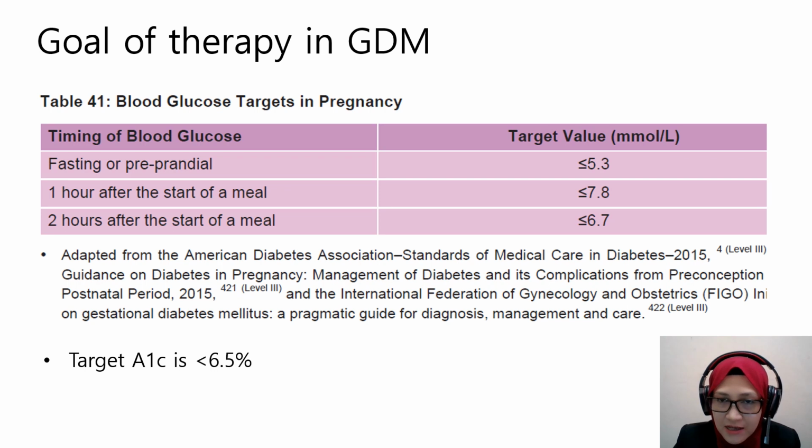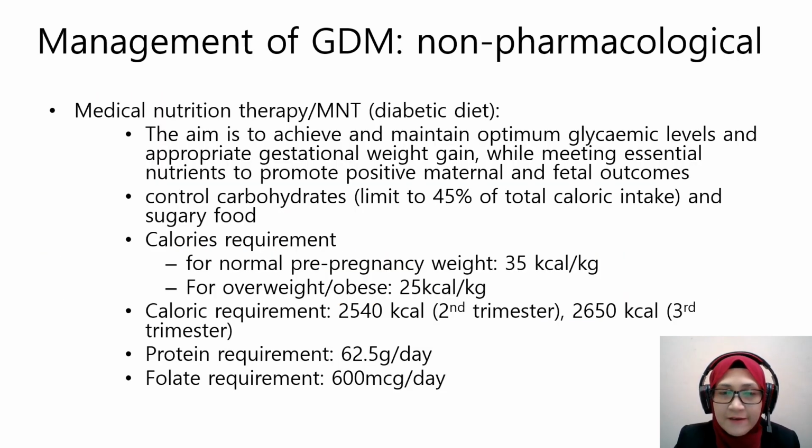For the fasting, we want to be less than 5.3, or maximum 5.3. 1 hour after meal, 7.8, and 2 hours after meal is 6.7. Okay, and the HbA1c is the same as for patients with diabetes, which is less than 6.5.